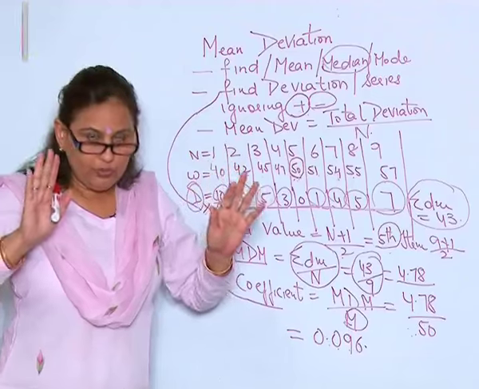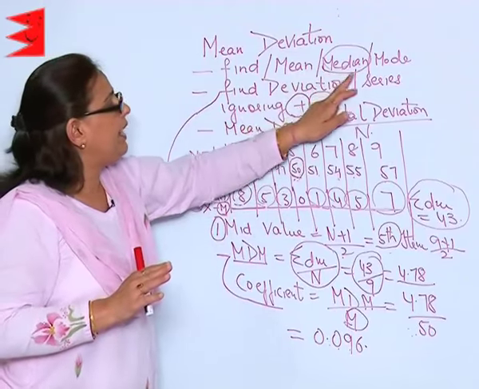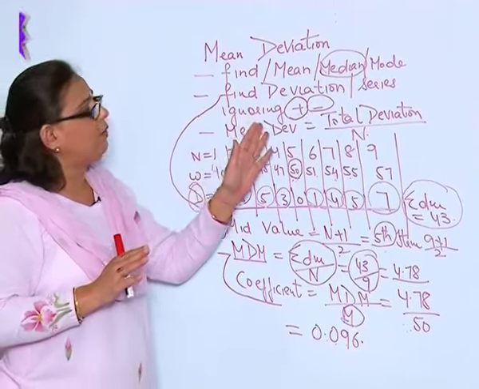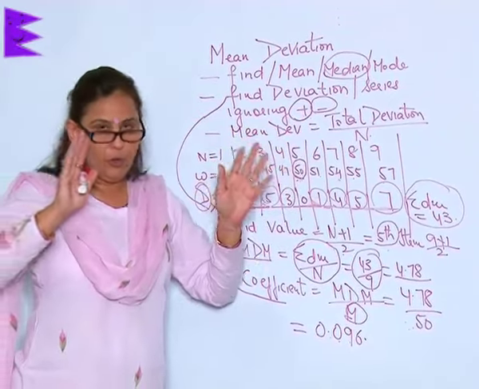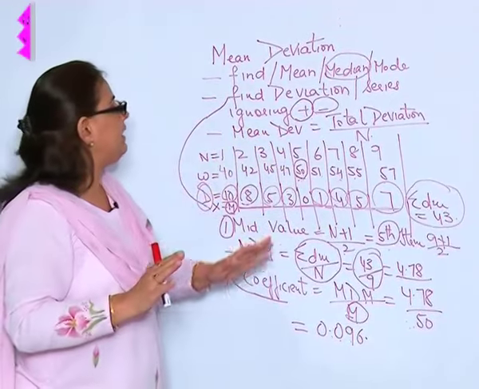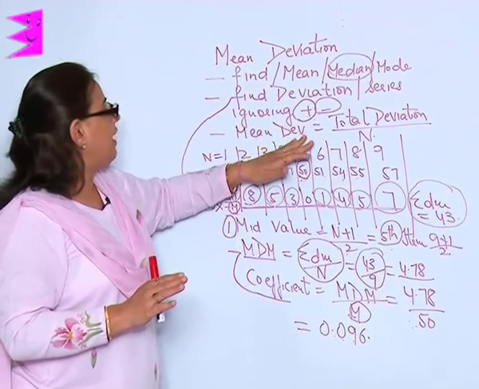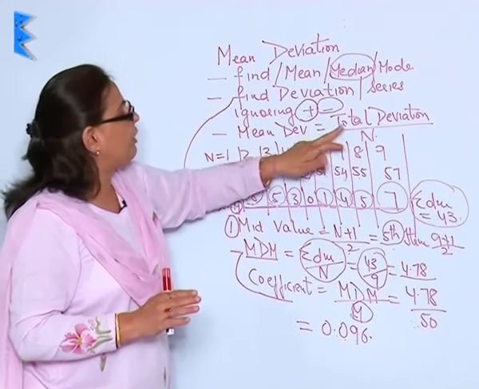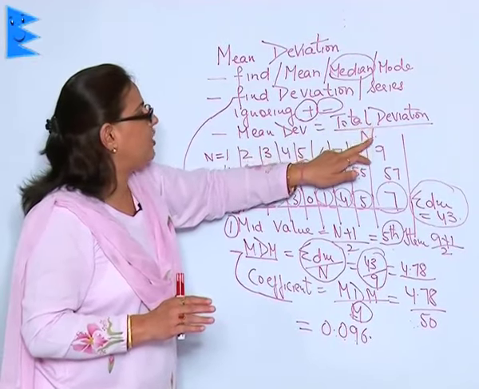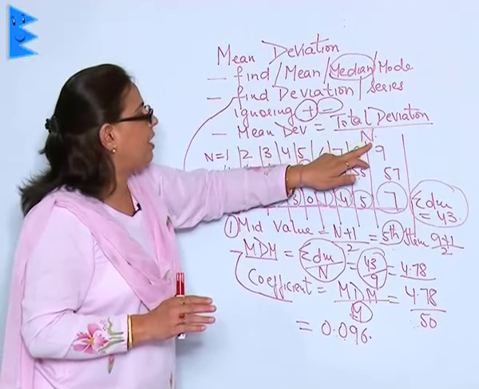Once again, try to understand that when we were trying to find out the mean deviation, we find it out through 3 methods, that is mean, median or mode, and to find out the deviation we must ignore the positive and the negative signs, and to find out the mean deviation we will calculate it by total deviation upon the number of observations.